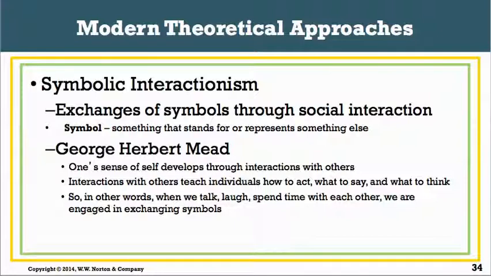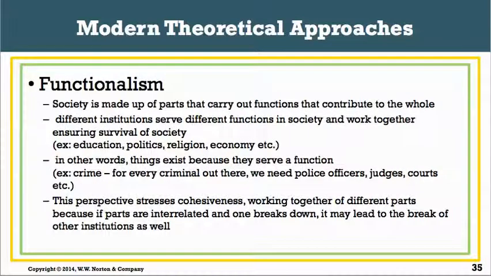By the way, modern theoretical approaches, all this means is these are different subfields within the field of sociology. So some of us are symbolic interactionists, some of us might be functionalists. Functionalism argues that society is made up of parts that carry out functions that contribute to the whole, right?